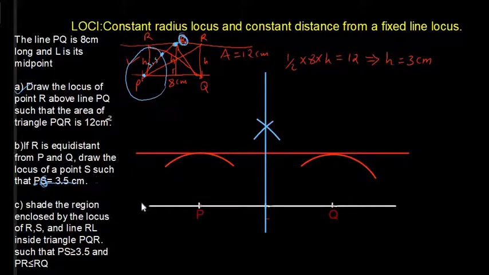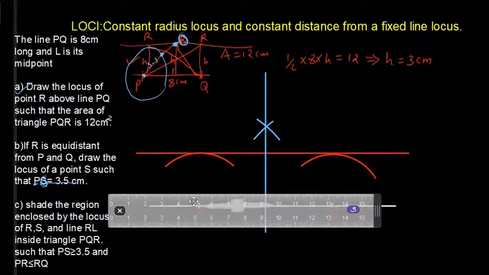So the locus of point S is the circle right up there. So we are going to position ourselves at point P, place the pair of compasses at point P, and measure the radius. So we're going to have the radius 3.5.